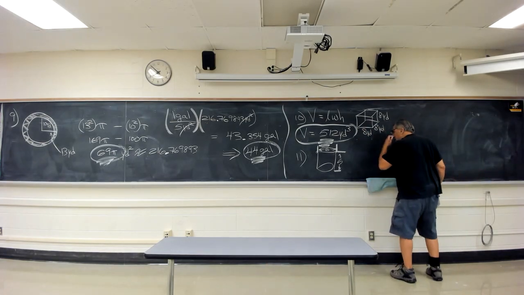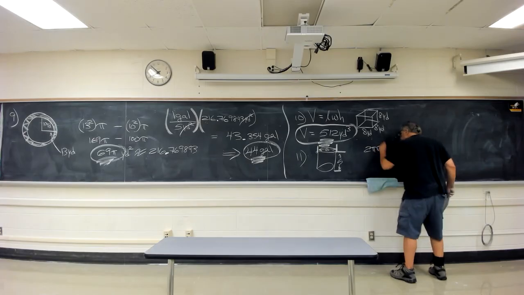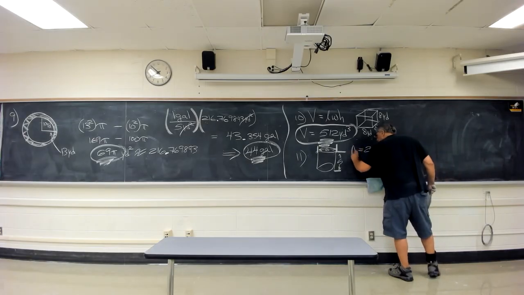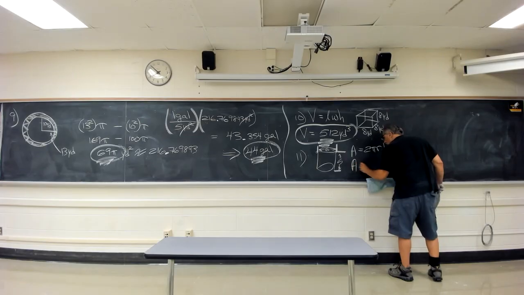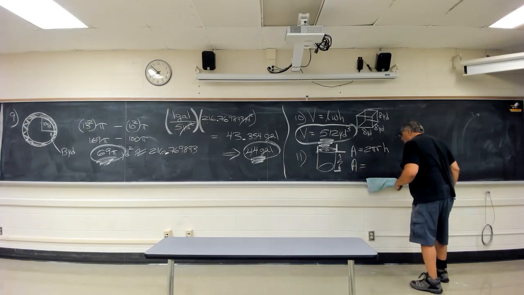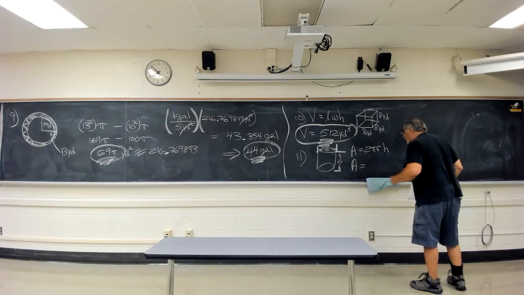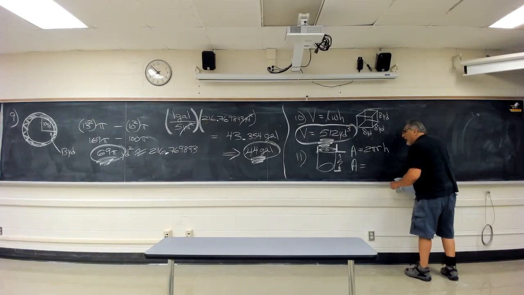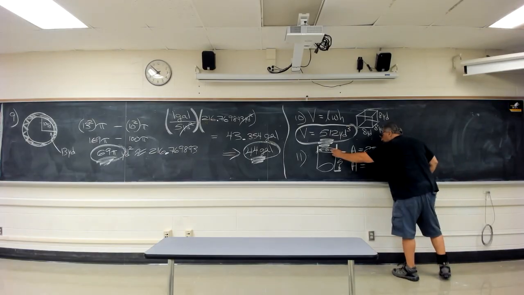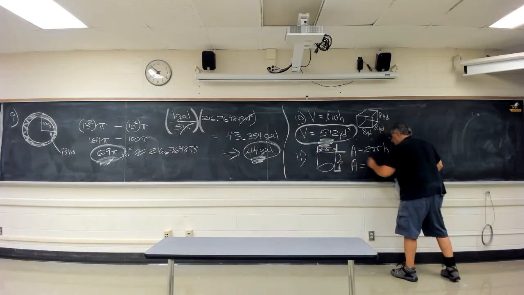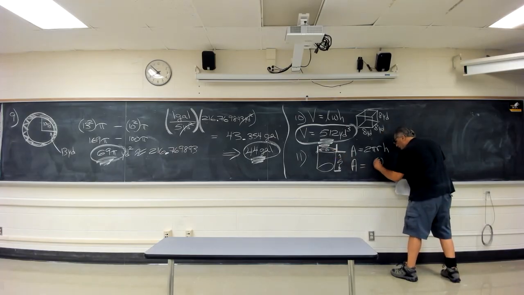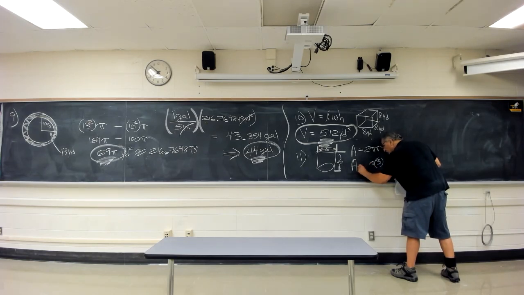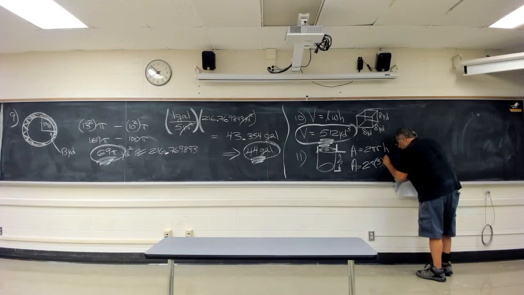The area on the outside is just 2 pi r, to go all the way around, times the height. Sounds good to me. Let's see what the area of one label is, and then we'll multiply it by 5. If the diameter is 6, the radius is 3, that's pi, that's 2, and the height is 5.